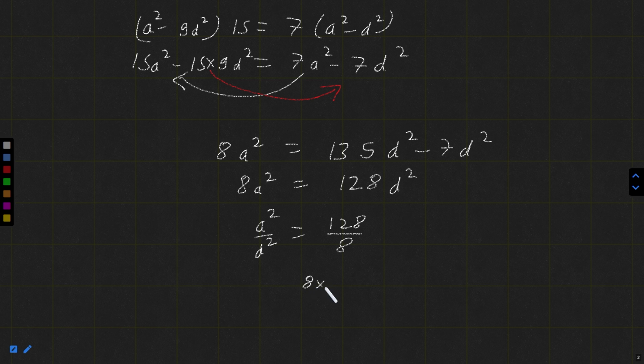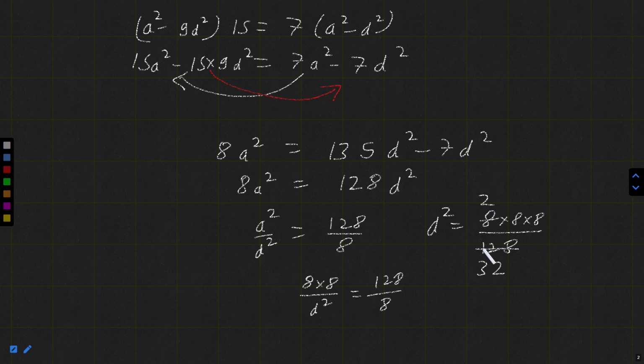Now 8 times 8 d square is equal to 128 by 8. Now d square is equal to 8 times 8 times 8 by 128.